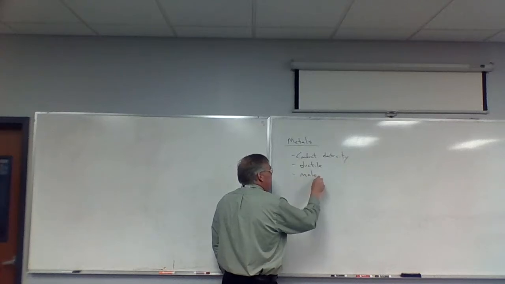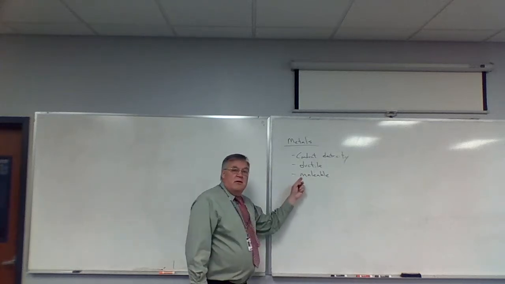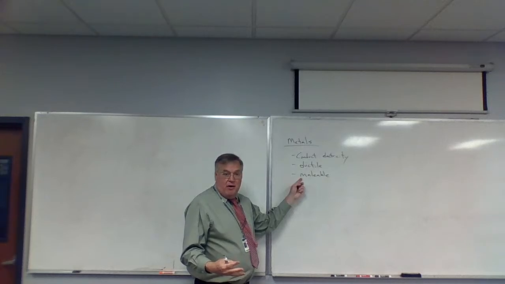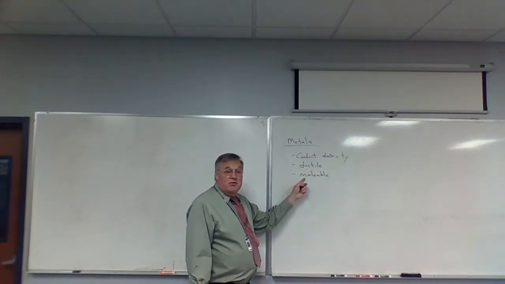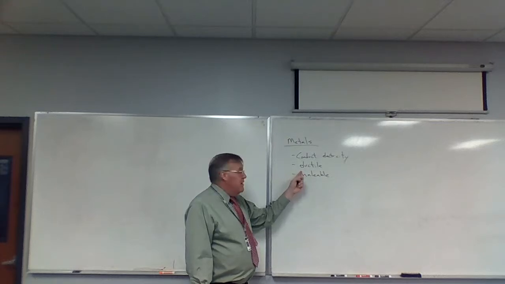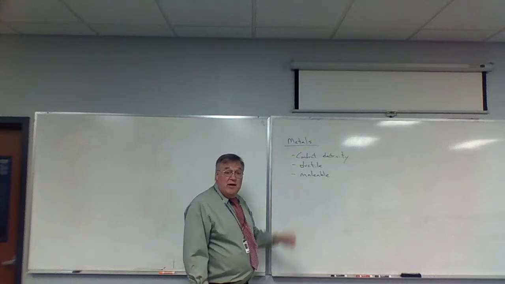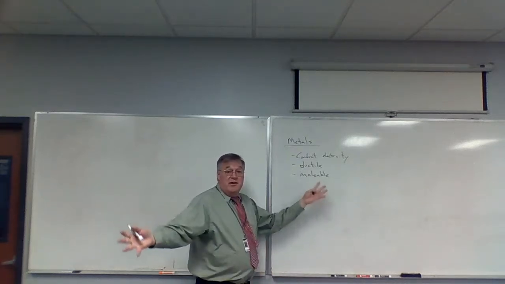There's a difference between malleable and ductile. Malleable is when you can hit it with a hammer and it'll flatten out without breaking apart. Okay, so malleable is true. Ductile is true, generally speaking. Malleable is true, generally speaking. Obviously, if you hit liquid mercury with a hammer, you're going to get a splash.